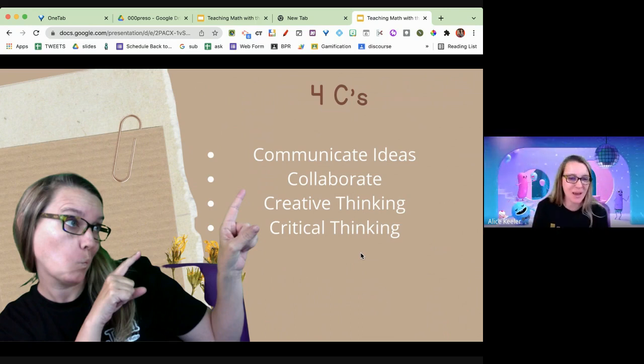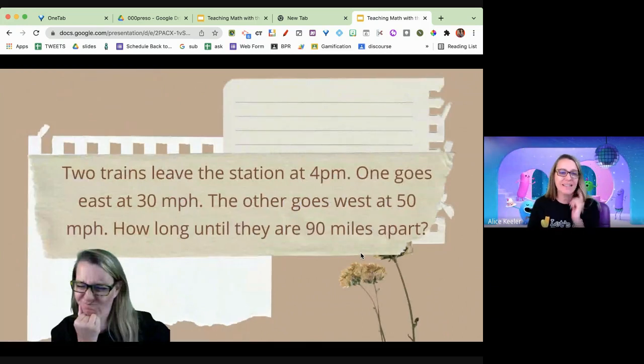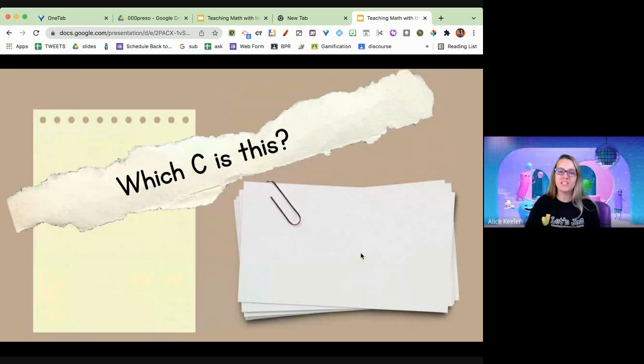Okay. So 2 trains leave the station at 4 o'clock. One goes east at 30 miles per hour. The other goes west at 50 miles per hour. How long until they are 90 miles apart? Which C is this? I'll back up.